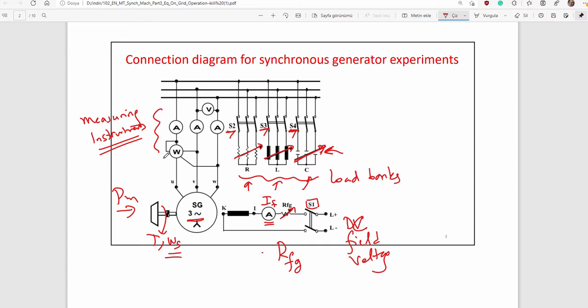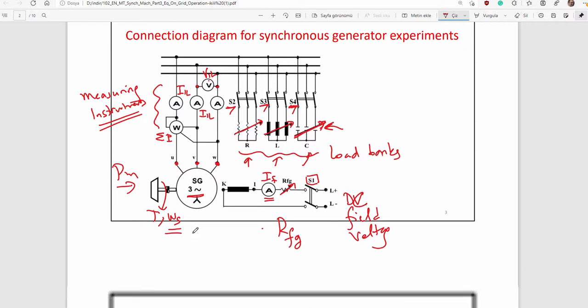Here's a wattmeter measuring total power exchange. Here's the ammeter measuring line current. Here you see line current. Here's the voltmeter measuring line to line voltage between phases, because you only see three-phase terminals, not windings right now. Okay, that is the general connection diagram for synchronous generator experiments.